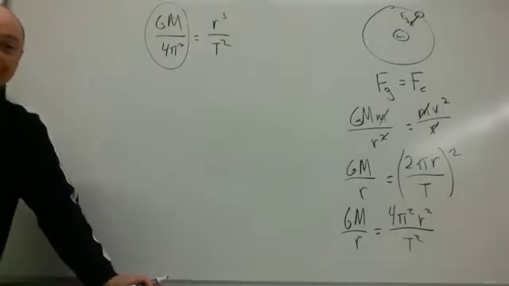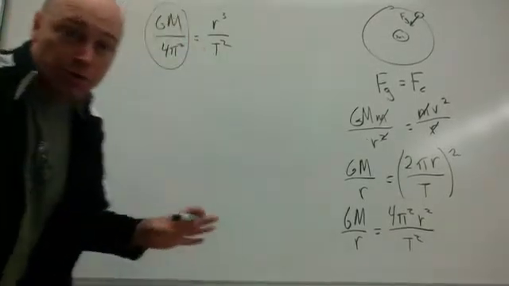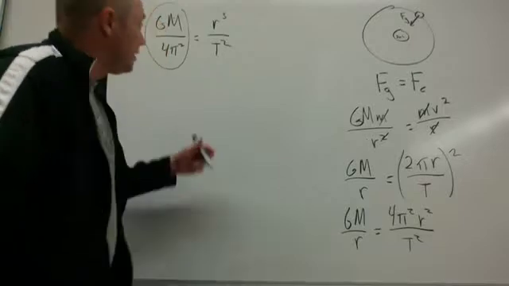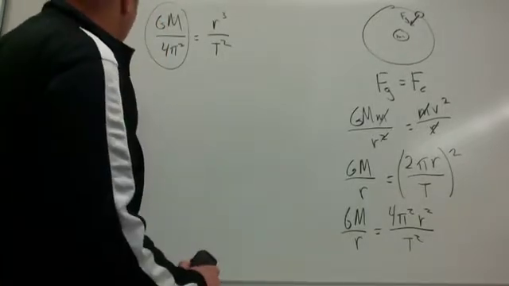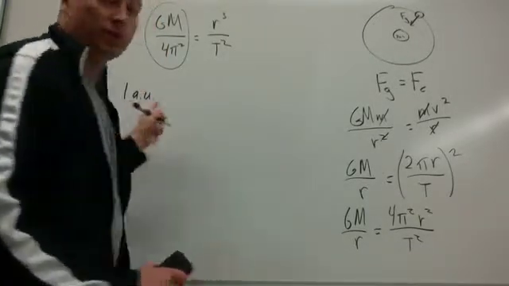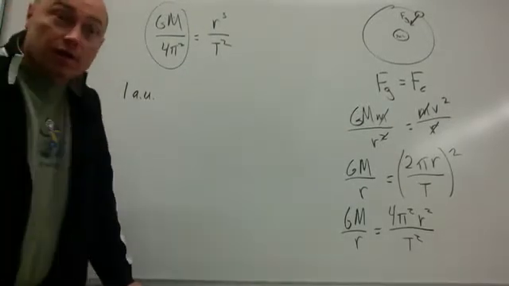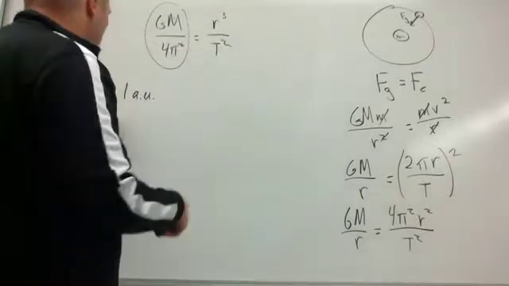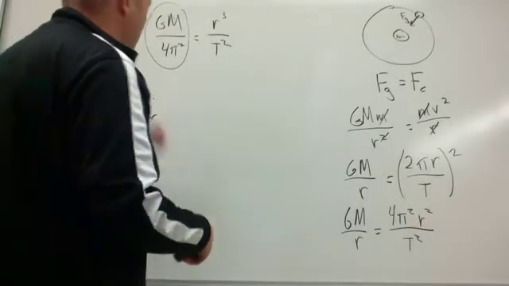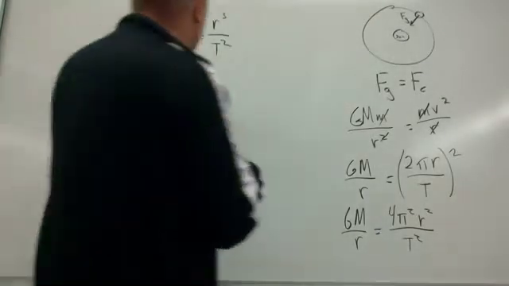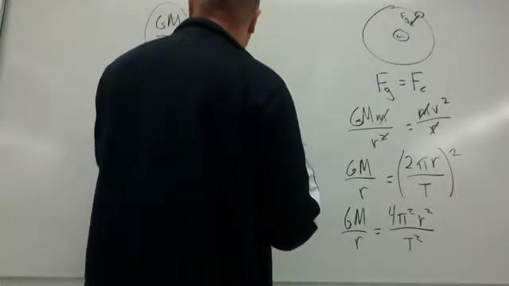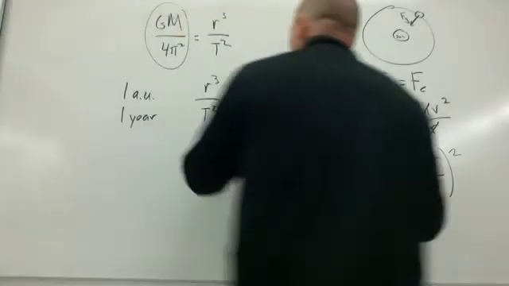But then if we decide to change our units around, to make things easy, if we use 1 AU, which is the average distance from the sun to the earth, as our R value, and then we use 1 Earth year as our time, then that means that R cubed over T squared is going to equal 1.